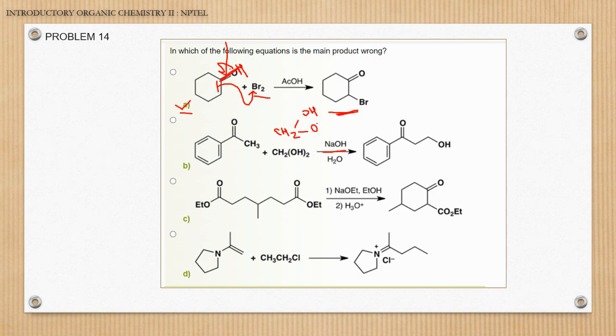The base will abstract a proton, right? So which proton is to be abstracted? These diol protons or this acetophenone methyl group, alpha position? Which will the base abstract? The alpha proton or the second proton?